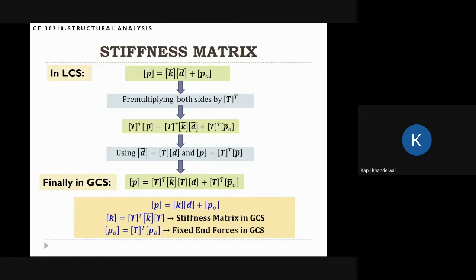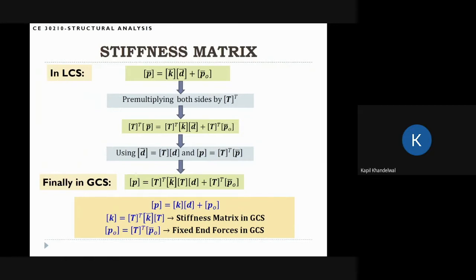Even with 3D frames, we will end up with similar equations. What will change is only K bar and T, but how they're related in the global and local coordinate systems will remain the same. That's why it's important to follow this idea of transformation, because once you know how to transform from local to global or global to local, the same idea can be used for different cases.